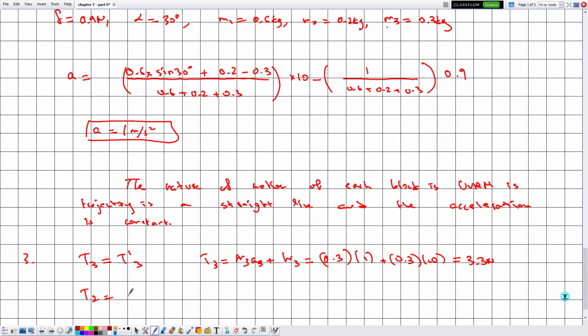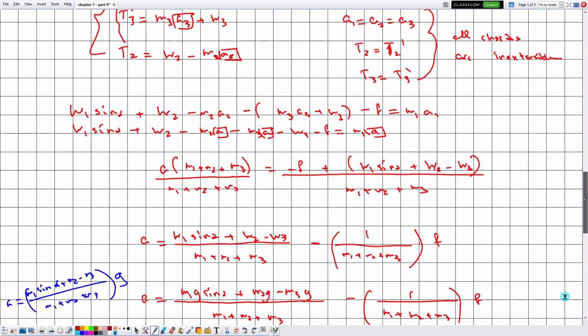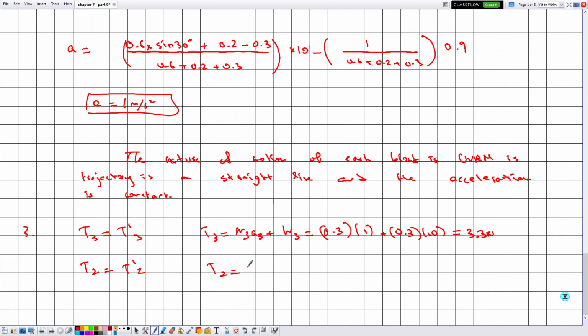We have that T2 is equal to T prime 2, then T2 is equal to W2 minus M2A2, which is equal to M2G minus M2A. You can take M2 as a common factor or simply plug in. So now M2, which is 0.2, multiplied by 10 minus 0.2 multiplied by 1, which is 0.2 times 9, which is given by 1.80 newtons.